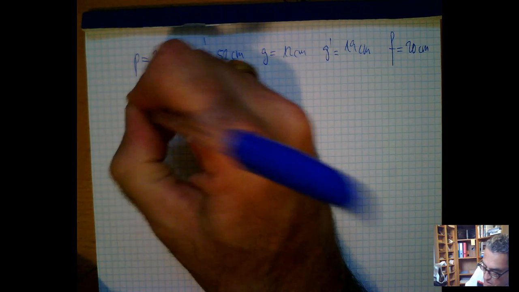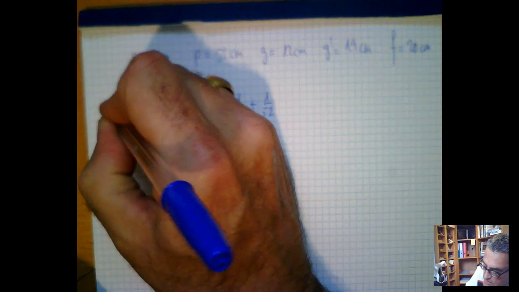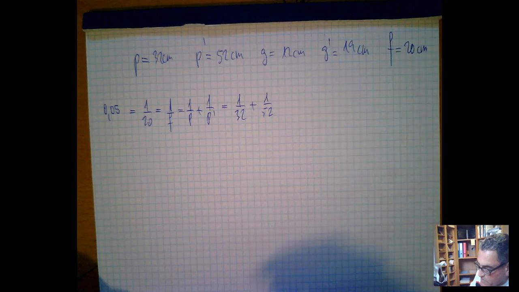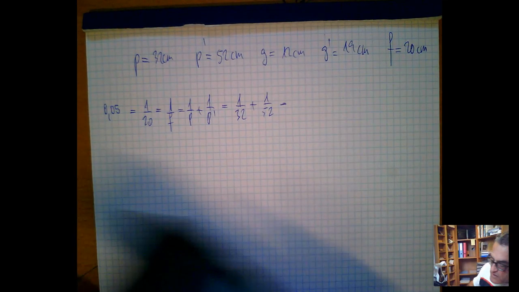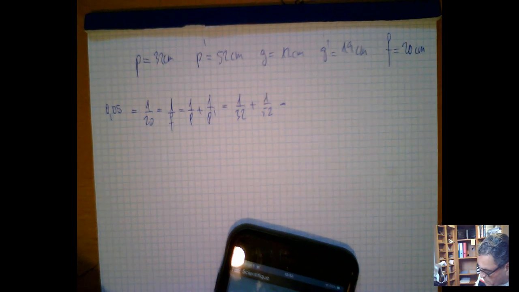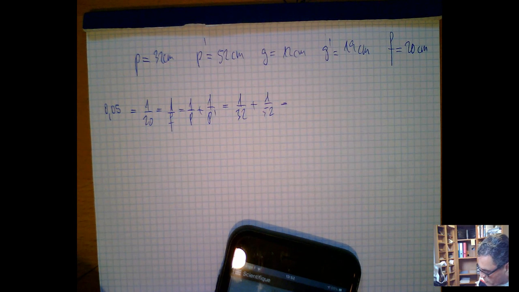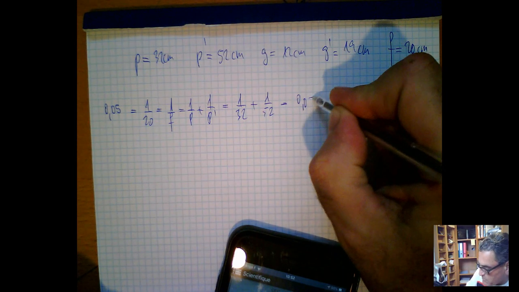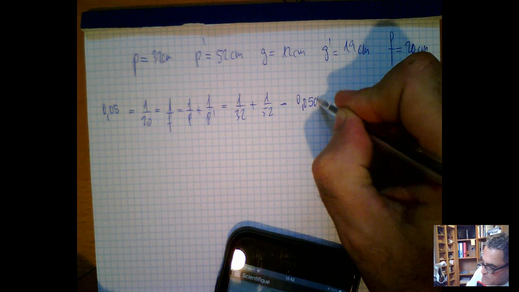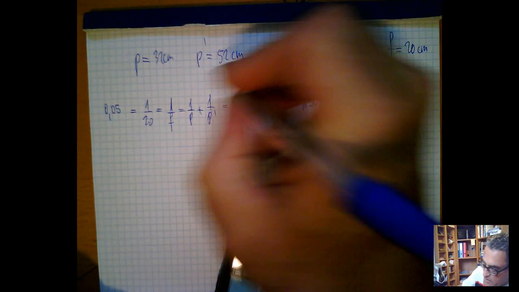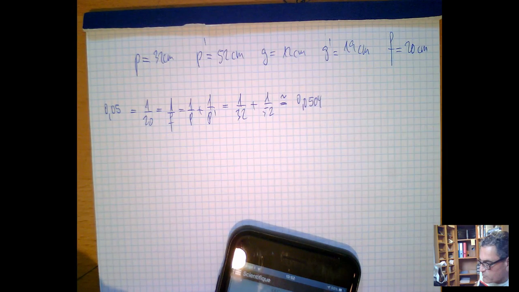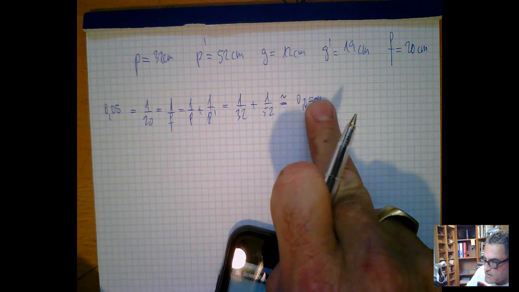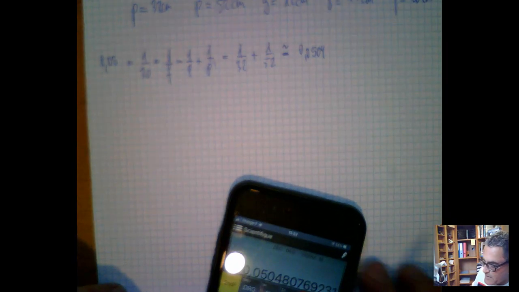It sounds okay. 1 over 20 is 0.05, as everybody knows. And here we have 1 over 32 plus 1 over 52, and this gives 0.0504. So we have a good agreement between this side and this side. Numerically, we are very happy.